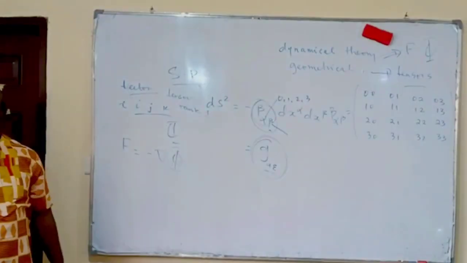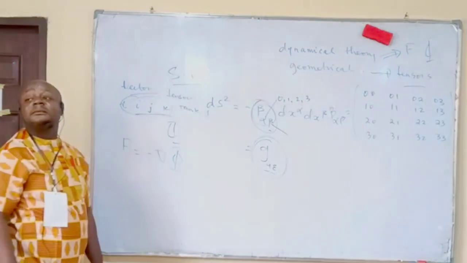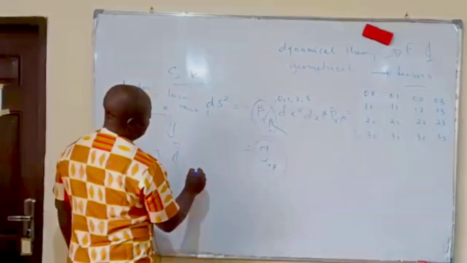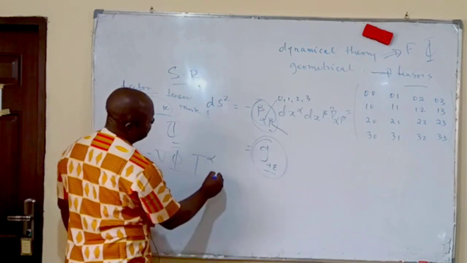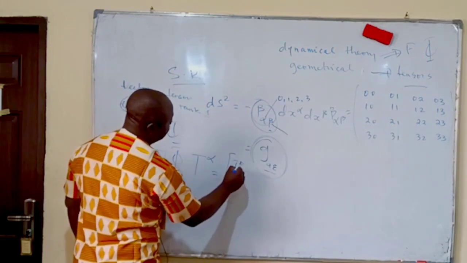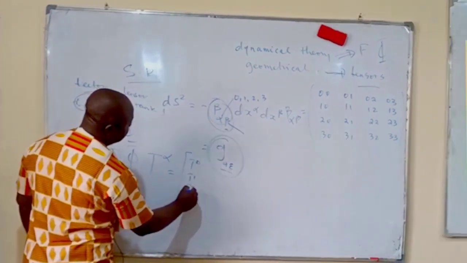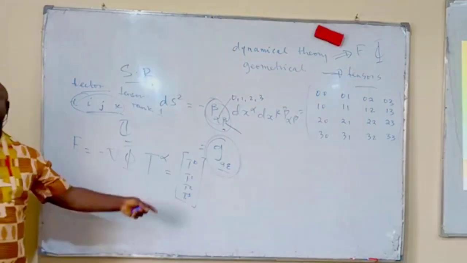It's a tensor of rank 1 because it has just 4 components. So if you want to write it, you can write it like this: T0, T1, T2, T3. So you see it has just 4 components.